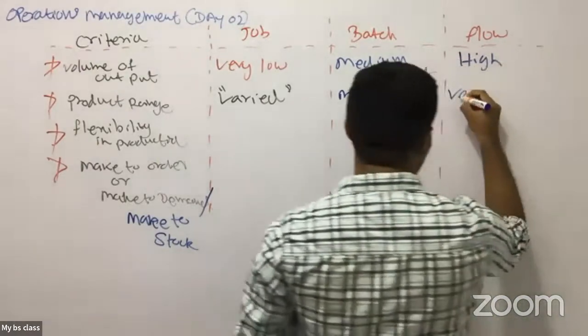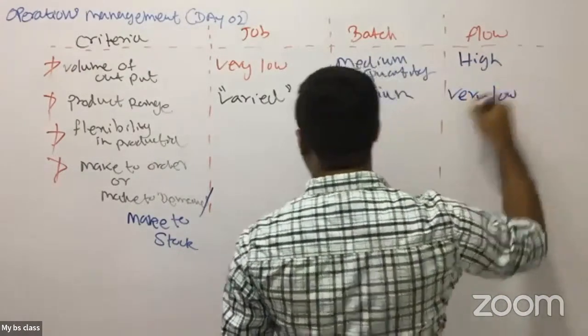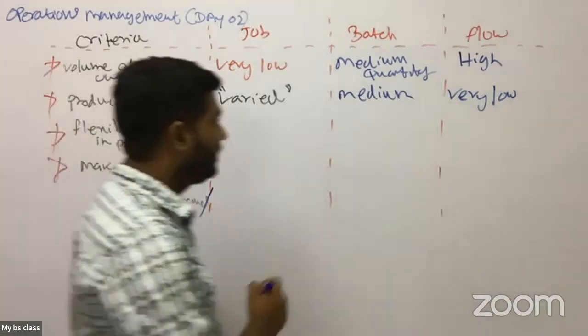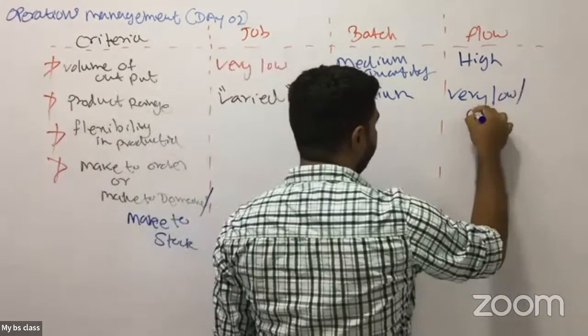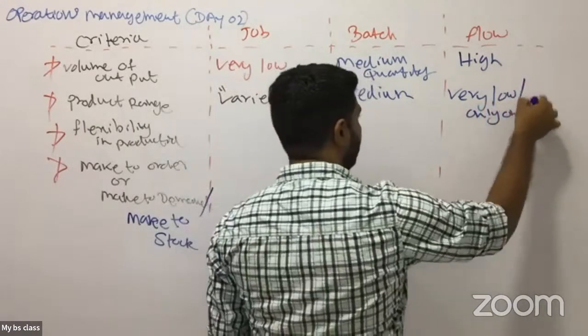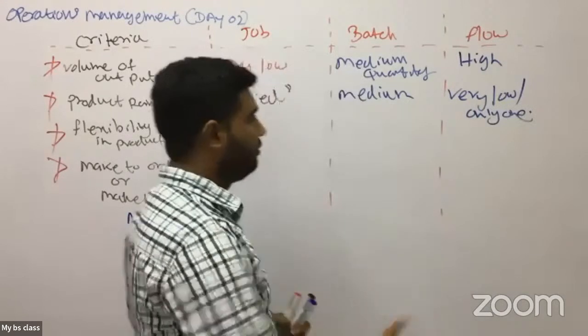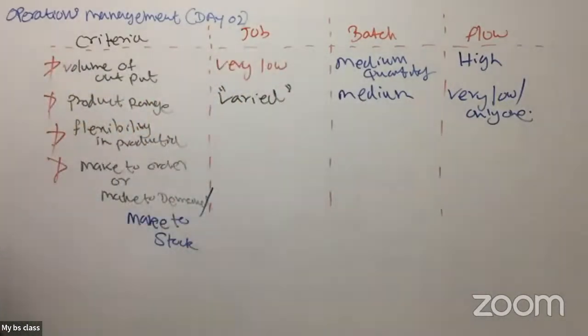Very low, very low of product range. Because why? One single product you will be producing, right? මෙතන very low කියලා ගන්නත් පුළුවන් නැත්නම් only one කියලා ගන්නත් පුළුවන්. Only one product එකෙන් ගොඩාක් හදනවා. ඒ නිසා it could be very low එහෙම නැත්නම් only one.